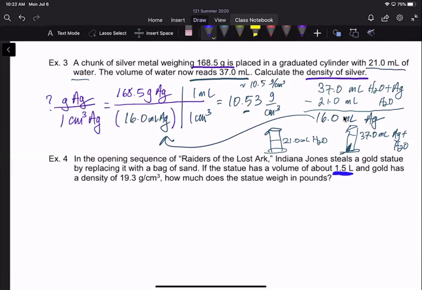Now the statue is pure gold. So we're going to use that density of gold, and then here's what we're looking for. How much does it weigh in pounds? So how many pounds is in the 1.5 liters of gold statue?